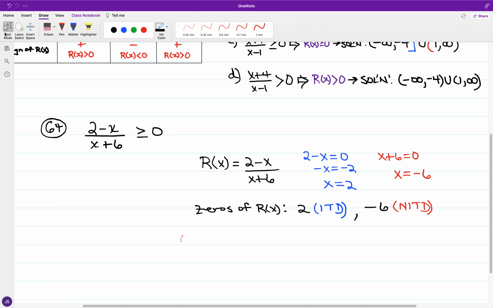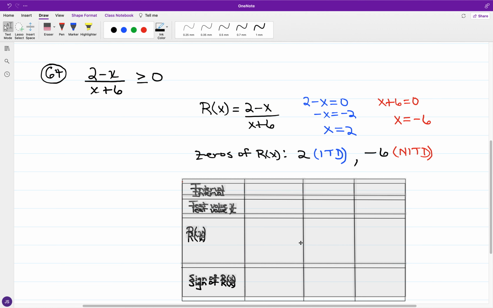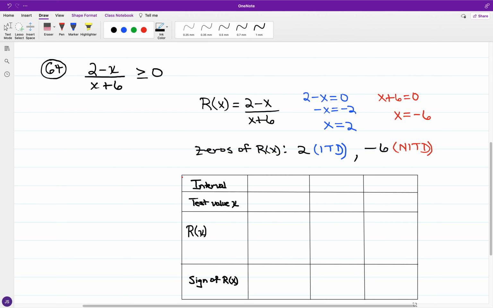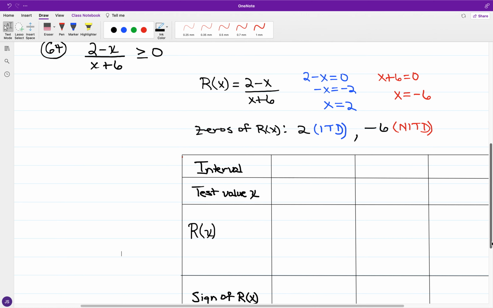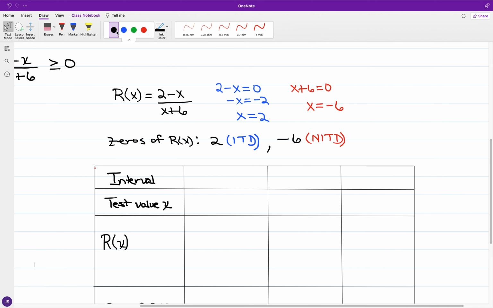And again, just looking at setting up a table of intervals. Okay, so we have in the layout, between 2 and -6, -6 is the smaller of the zeros.